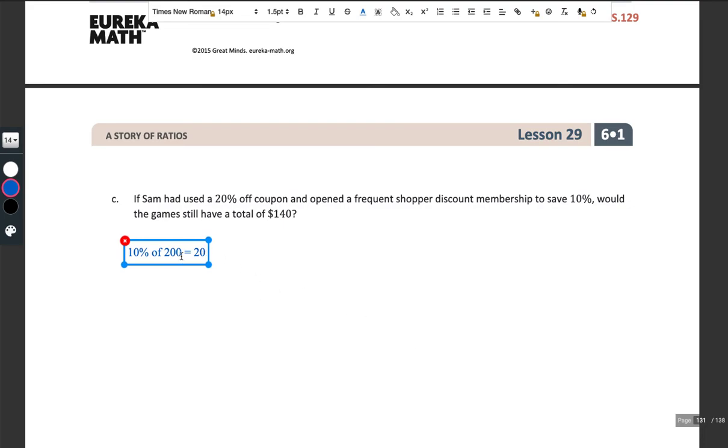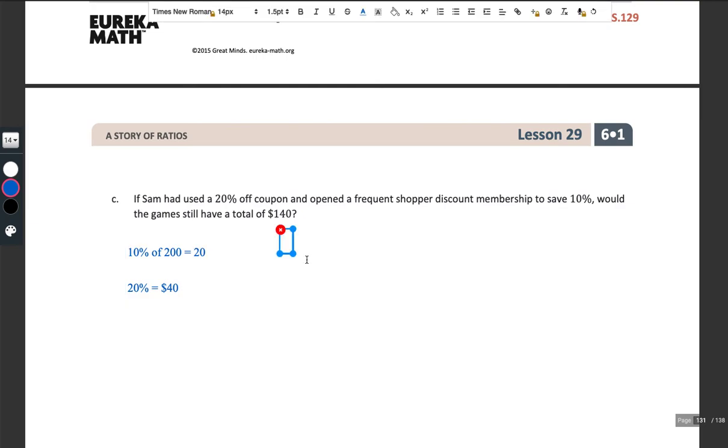We just move the decimal place over, right? So if 10% is 20, that means that 20% is going to be $40, right? Because I'm just doubling this. 10 times 2 is 20. 20 times 2 is 40. So 20% is $40.